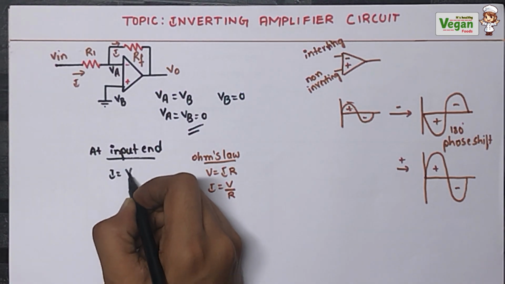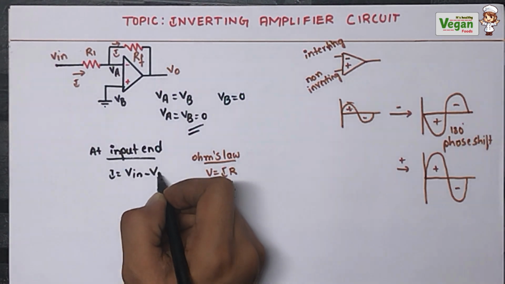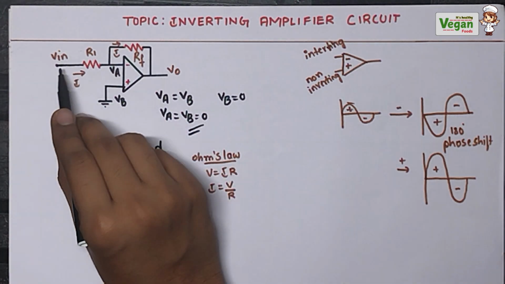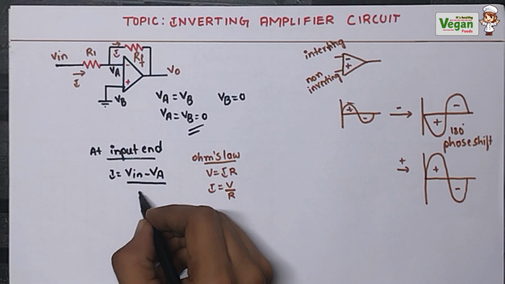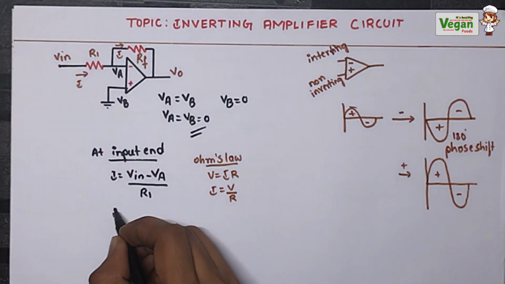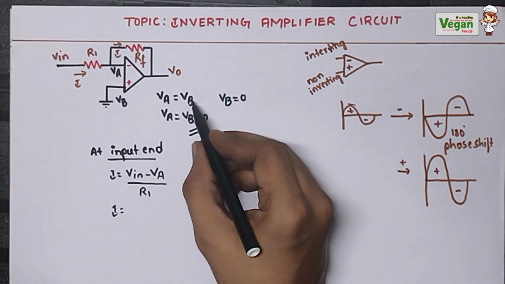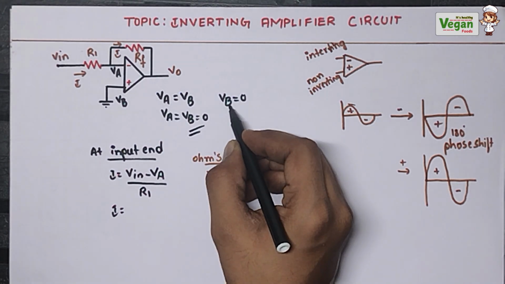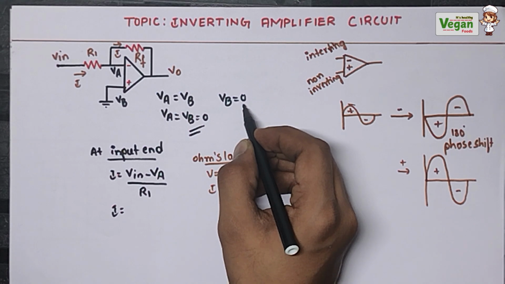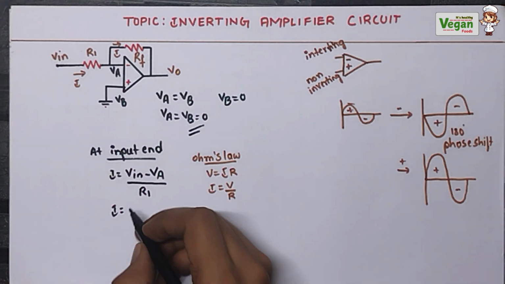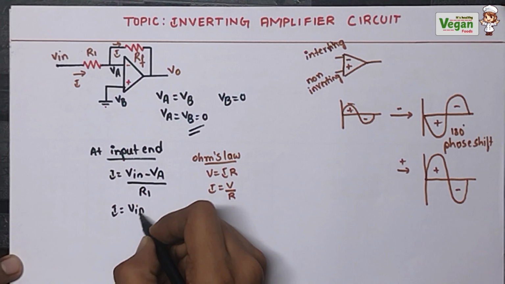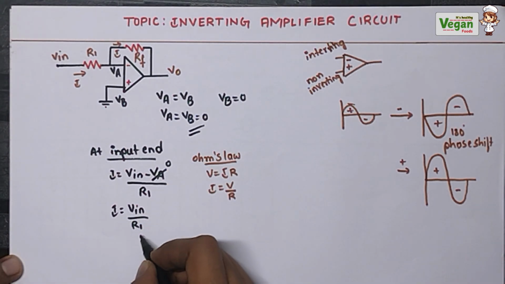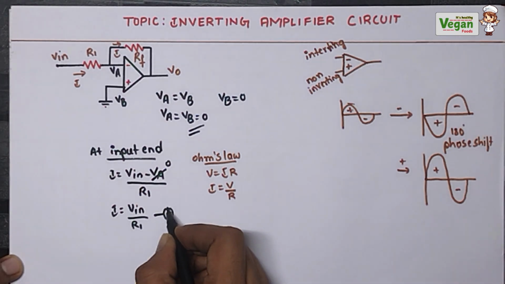So I is equal to V in minus VA divided by the resistance on the input side, that is between V in and VA, R1. We know the value of VA. VA is equal to VB, but VB is grounded, so its value is 0. Therefore, VA will also be equal to 0. So V in divided by R1 will be left, as VA is equal to 0. Let's call this equation number 1.